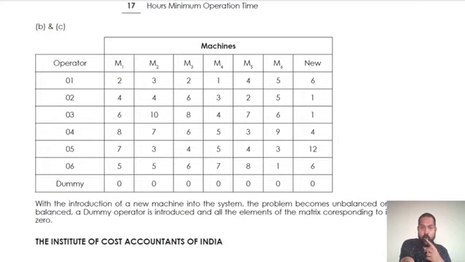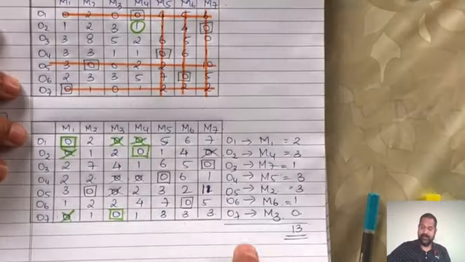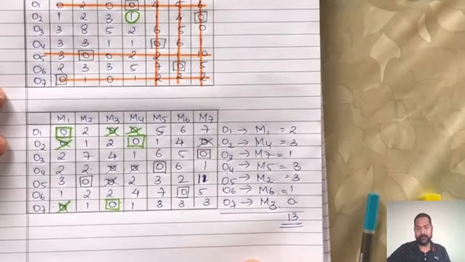When you only had old machines, you got a total of 17. Do you realize the new machine is better? Because once you introduce the new machine, the 17 is reduced to 13. And didn't I tell you that will happen?